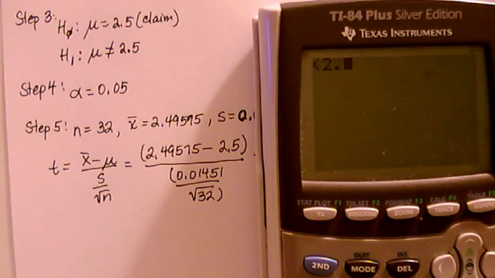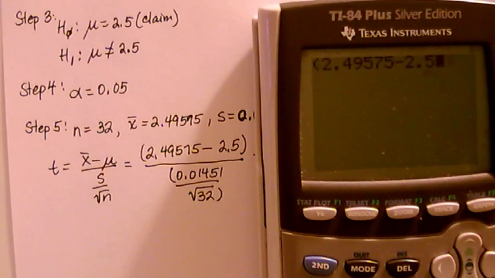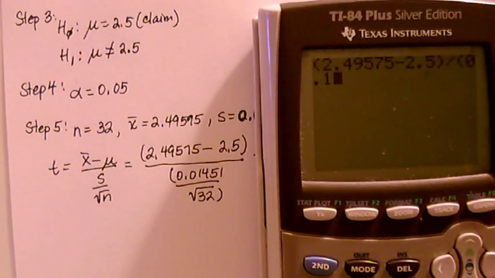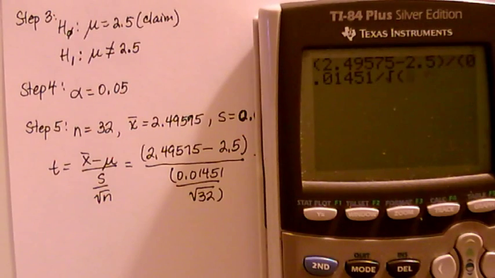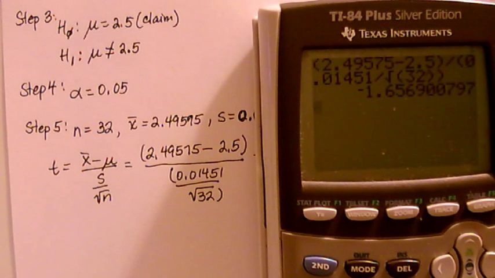Left parentheses, 2.49575 minus 2.5, close parentheses, divided by, and then left parentheses, 0.01451 divided by, and then second x squared for the square root, 32, and you might have to close the parentheses twice depending upon what type of calculator you have, and then hit enter.